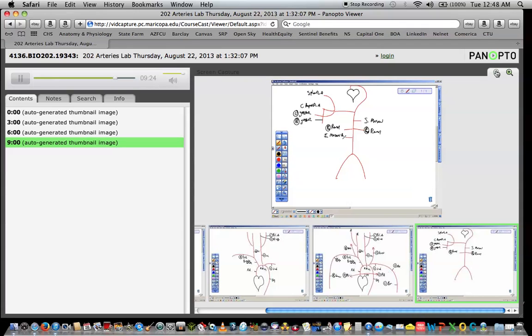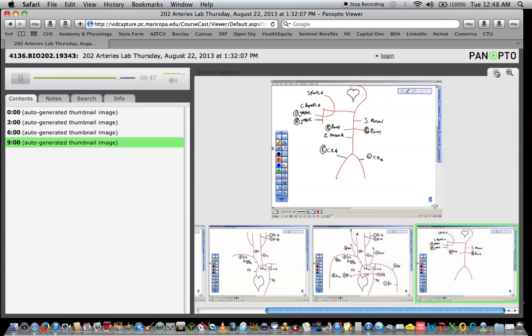Descending aorta comes down, it splits, goes to the left. Over here we have the left common iliac artery, so we're going to have a right common iliac artery. Now, just like up in the head, we had the common carotid, and it split into an internal and external.